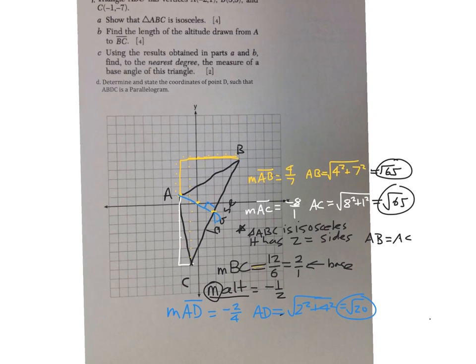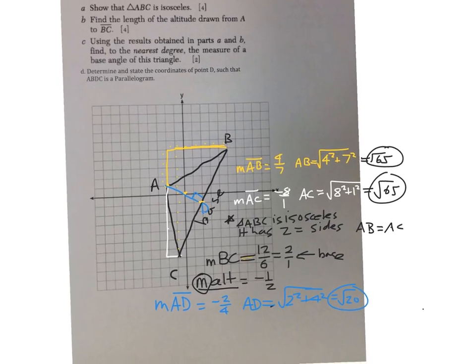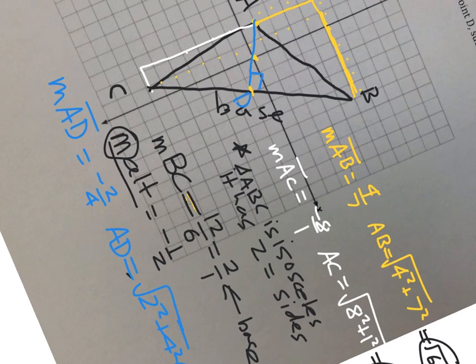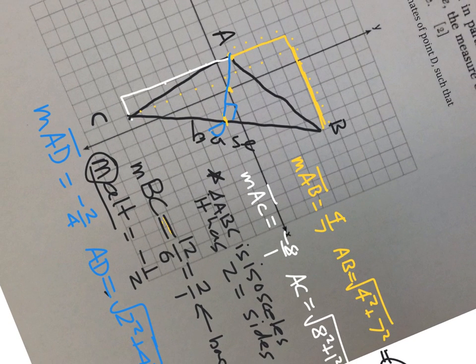Question C. Using the results, find to the nearest degree the measure of the base angle of this triangle. All right, well, backtracking to this, I found out that this was worth radical 20, and I'm asked to find how large the base angle might be. Well, just concentrating on 1/2 of the picture, I do have a right triangle here, so I can use trigonometry to figure out the missing angle.